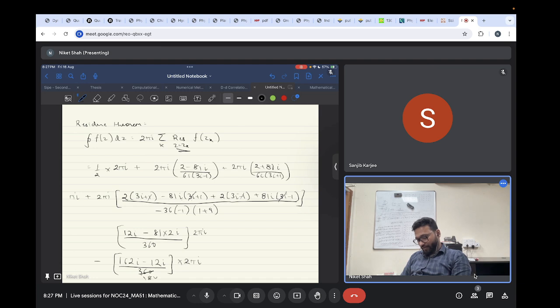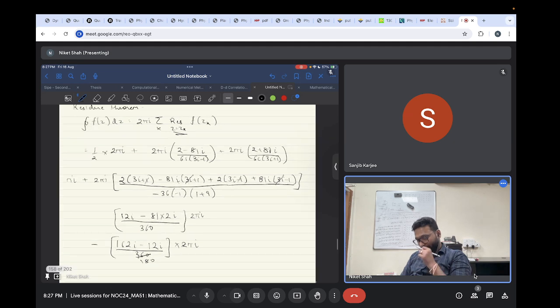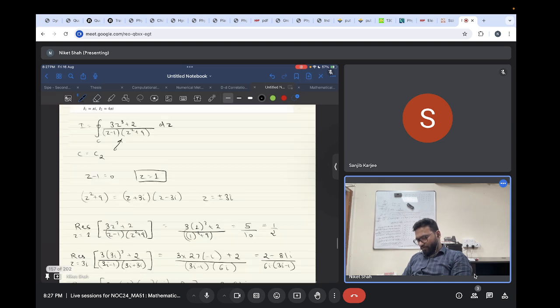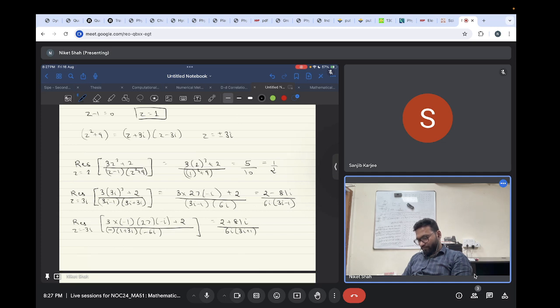So this becomes 180, which is equal to minus 150i into pi i divided by 180, which is equal to 5 by 6 pi i. Have we made some error somewhere?